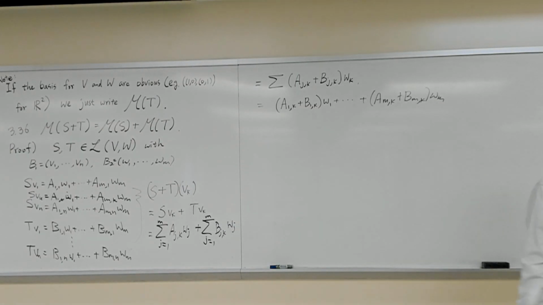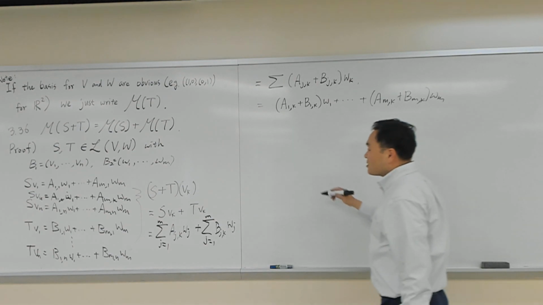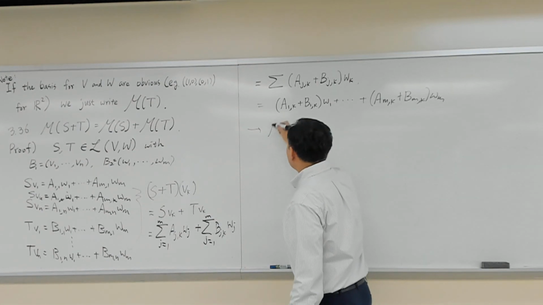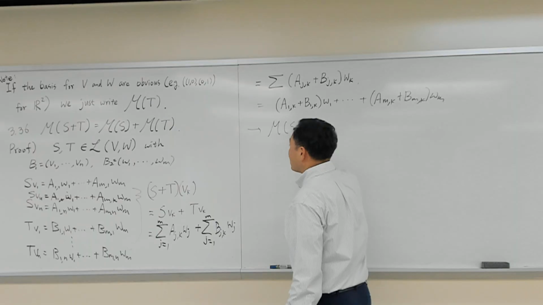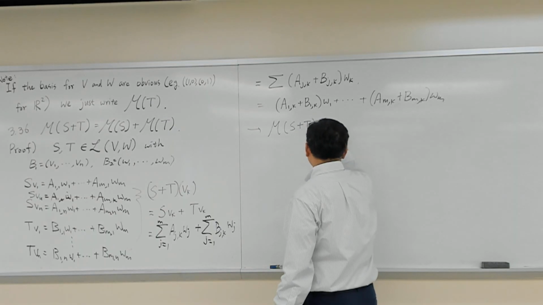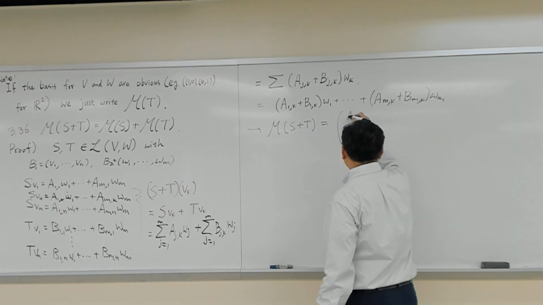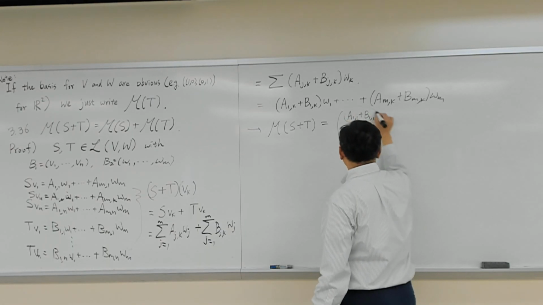If that's what you get, then that tells you that the matrix representation of S plus T is what? It's A11 plus B11 as the first entry, one number.